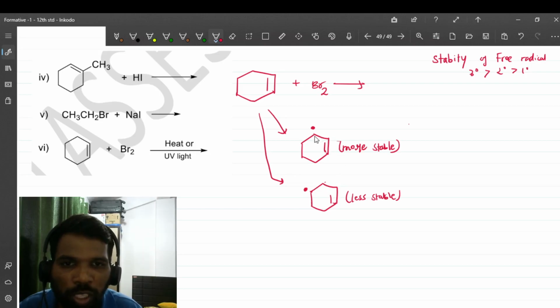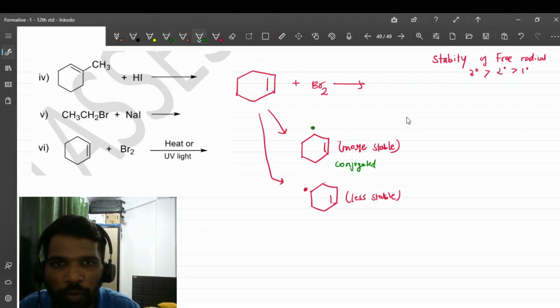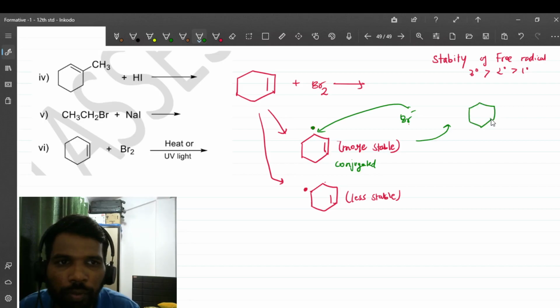But here, this is more stable because of the conjugation. What is that conjugation? Free radical, sigma and pi. Here it is free radical, sigma, sigma and pi. So this is not a conjugation. This is a conjugated system, more stable. So major product will be Br getting substituted on this. So your final answer will be over here, this one.